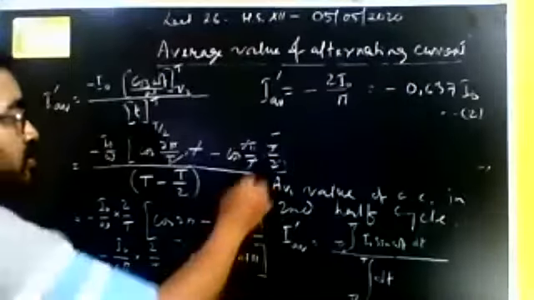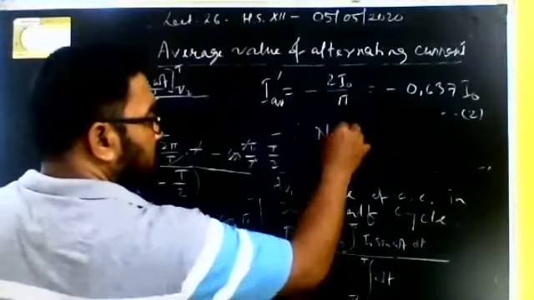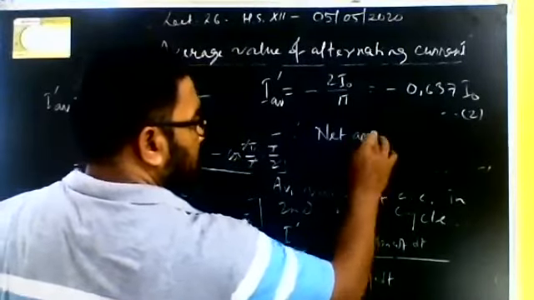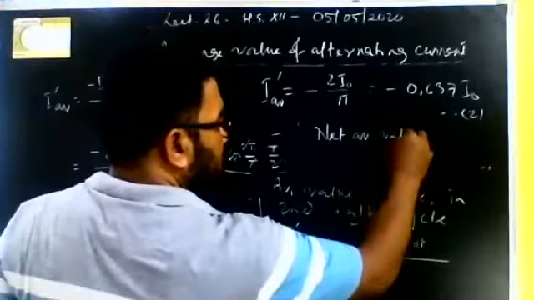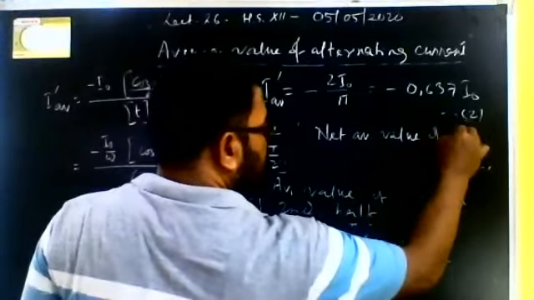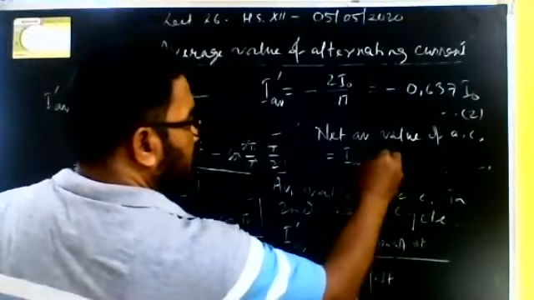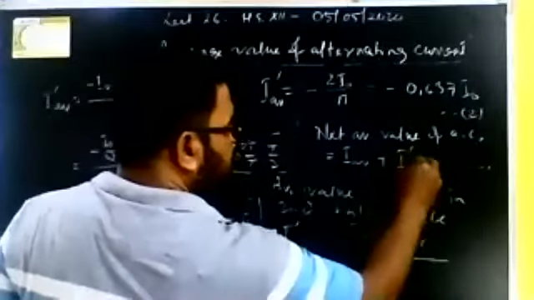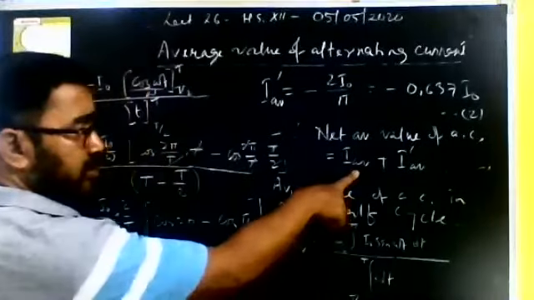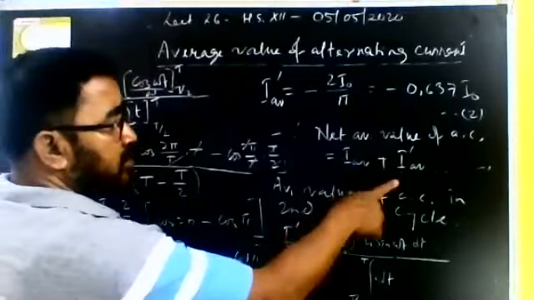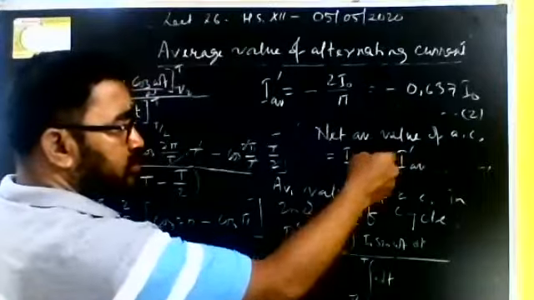So therefore the net average value of AC is equal to I average plus I dash average, the average value of the first half cycle plus the average value of the second half cycle. Both are equal and opposite.